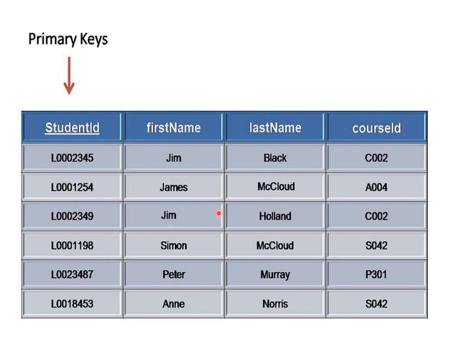If you see here, this first name Jim, it is being repeated. Okay, no worries, the last name is different, but first name is same, so we cannot make first name a primary key. So if we see last name McLeod and McLeod, it's being repeated, so we also cannot make last name a primary key.